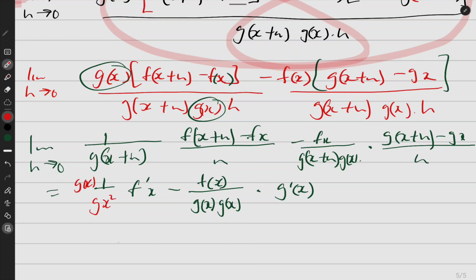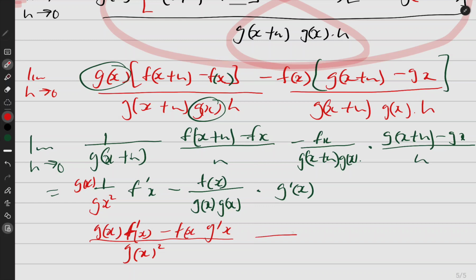Now I can combine these because they are now of the same denominator. I can just say g of x squared. And what do we have here? Here I'll have g of x, and I'll have this, minus here I'll have f of x, here I'll have g of x.